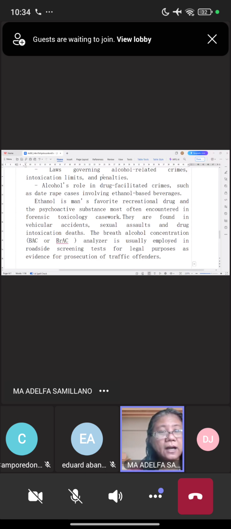So alcohol intoxication is more of a mala prohibita, no. It becomes a crime only because it is prohibited by law. So gin-prohibit siya sang law because it has been proven that it has a role in drug facilitated crimes. Ano ni sila?